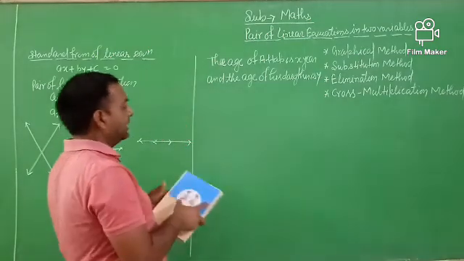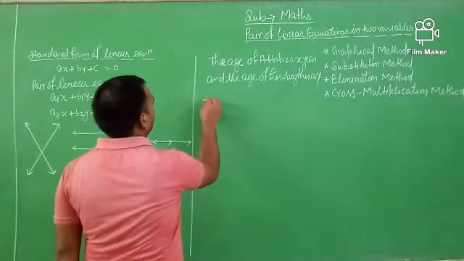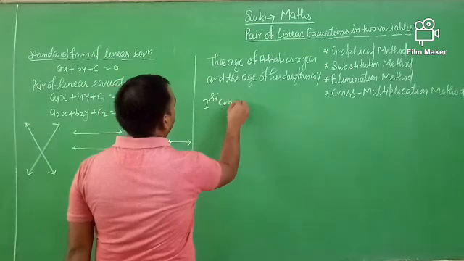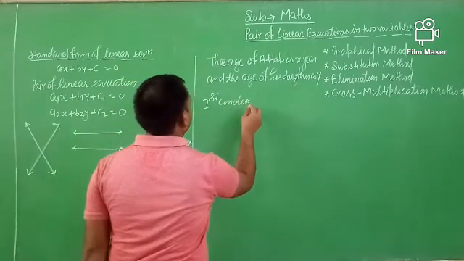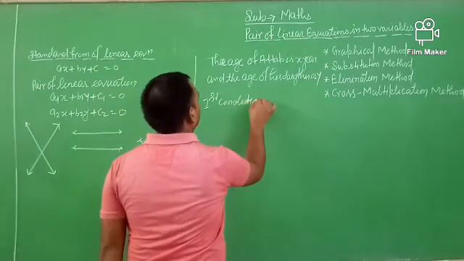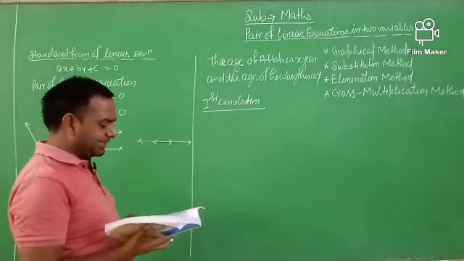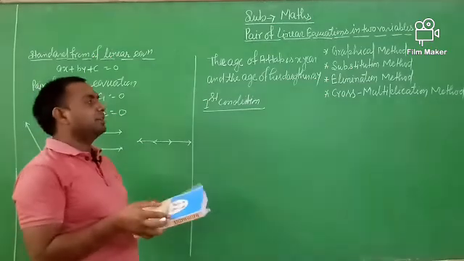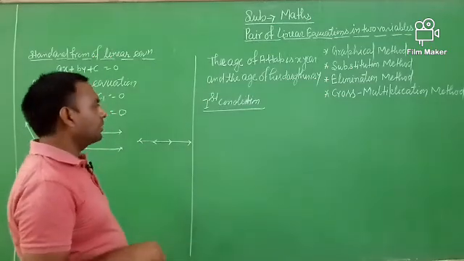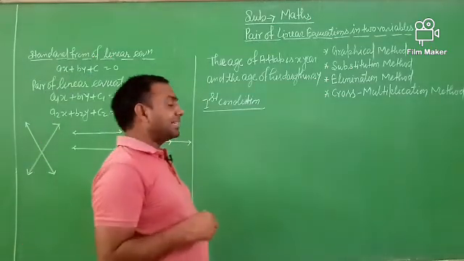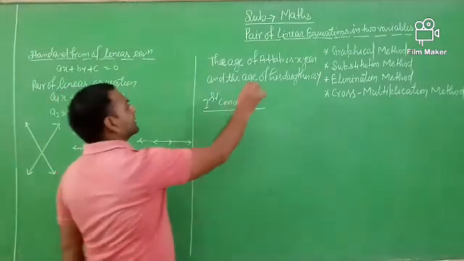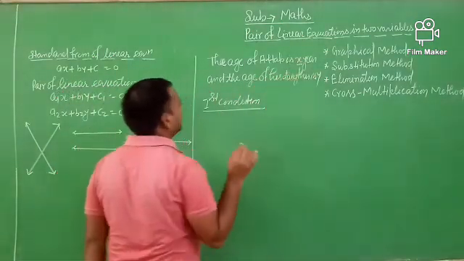According to the first condition, it is given 7 years ago. 7 years ago means from the last 7 years. So you subtract 7 years from the age of Altaf.